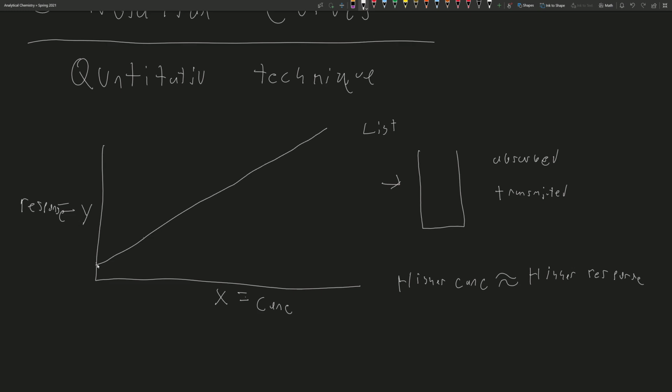So at all of these points, we would have A, B, C. All of these values on this line are equivalent to some specific concentration that we know because we measured and prepared it beforehand.